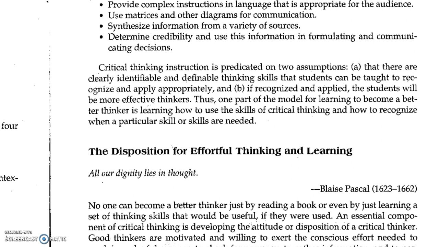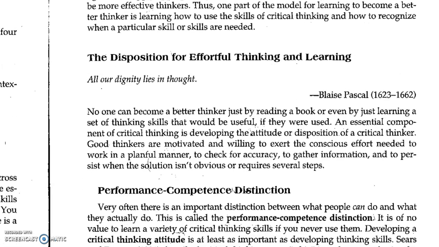First, we are learning how to use the skills in critical thinking. We are at that level. Then as you start using them, only then do you realize what is needed. You have to know how to recognize that a particular skill is needed for you.